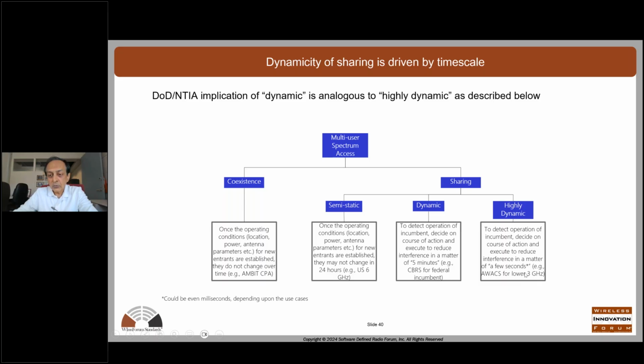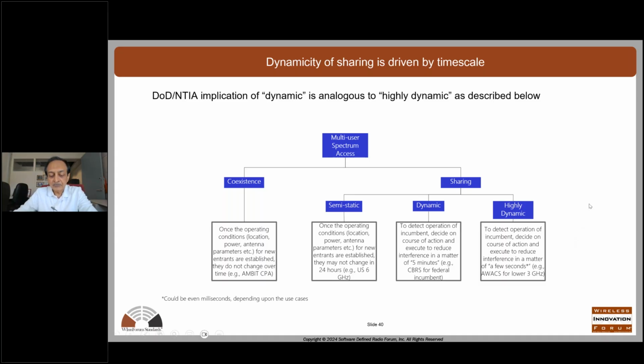But the requirements are going to be significantly tighter than what we have in CBRS, and this is why a completely new approach, a new perspective needs to be taken, and that's why we started this whole effort in Wireless Innovation Forum to look into the possible solutions and come up with perspectives or architectural views about how this highly dynamic spectrum sharing can be achieved.